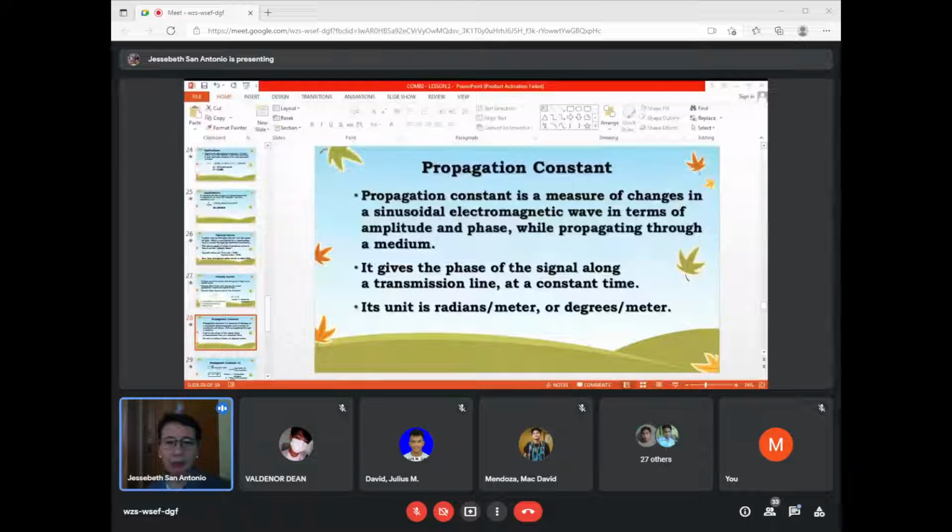Yung pagbabago ng kanyang phase, as it propagates through a medium is called propagation constant. Tama naman, pag ang signal palipat-lipat, syempre, nag-iiba-iba yung kanyang phases, no? From the 0 degree or from the positive x-axis, umiiba-iba yon. Okay? So, yun yung tinatawag na propagation constant.